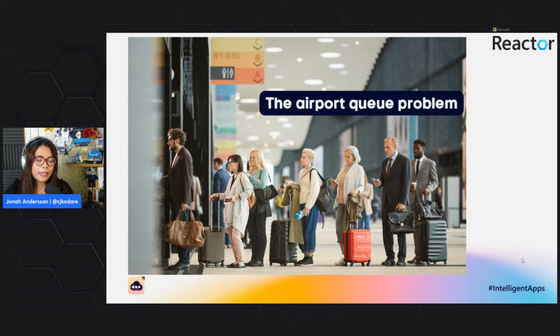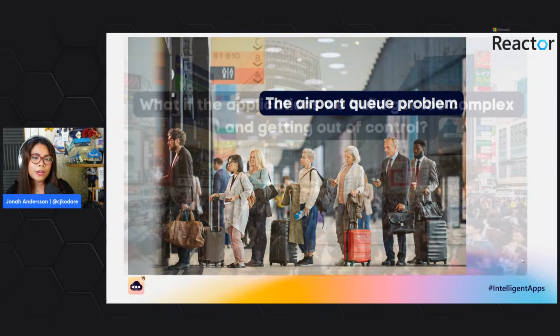On the traditional infrastructure or systems that we have, sometimes it's so monolithic that the events or things we need to do in our applications have to wait on each other. That is the same as the airport queue problem, and it can happen in our applications when events need to wait on each other.